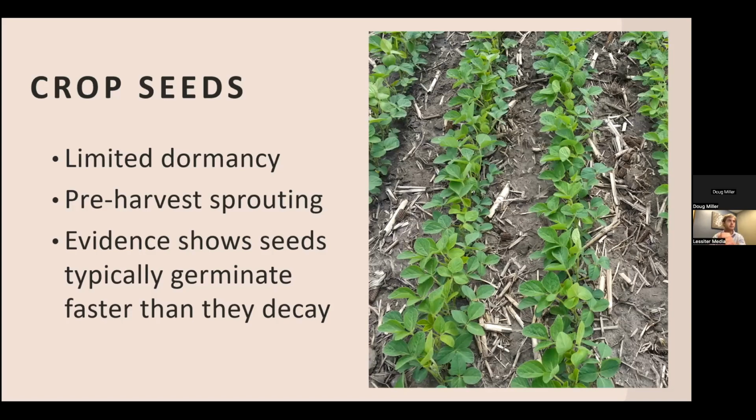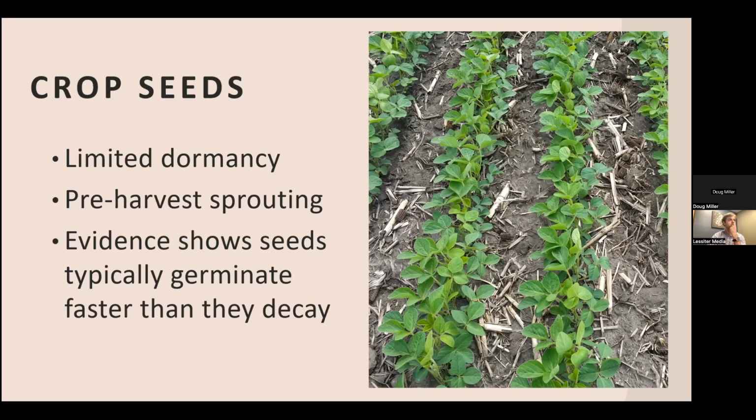And the agronomists point out that one difference between weed seeds and crop seeds is that crop seeds tend to have more limited dormancy character than weed seeds, mainly because of the genetic selection process. Crop seeds have been selected for certain genetic attributes, including ease of germination and early seedling vigor.